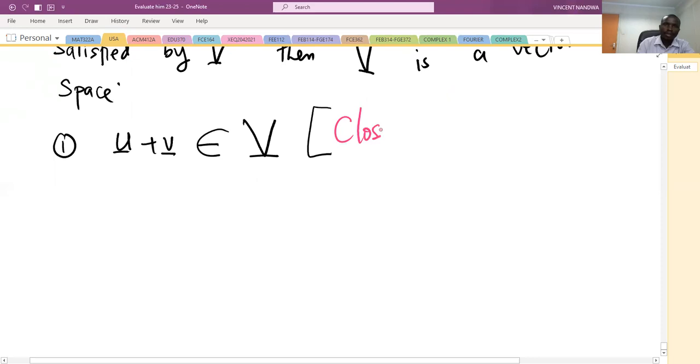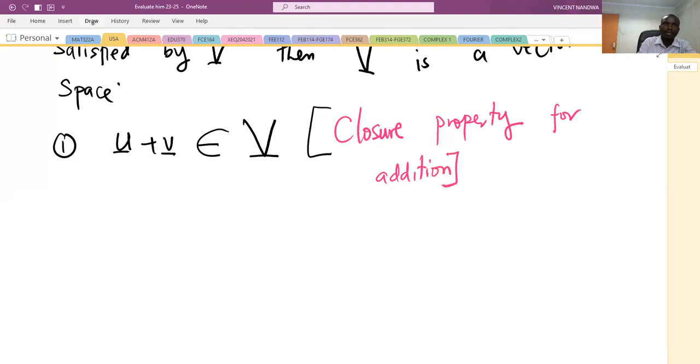That when you pick any vectors in this set V, you add them, then you'll also get another vector in the same set V. Closure property for addition. So that's property number 1.